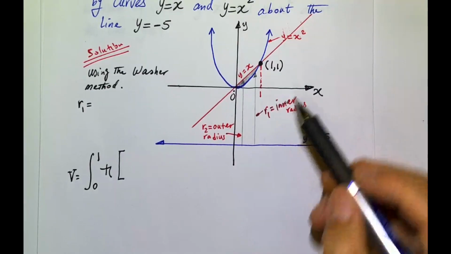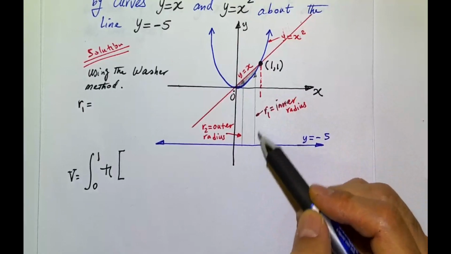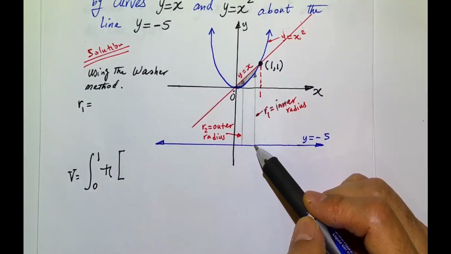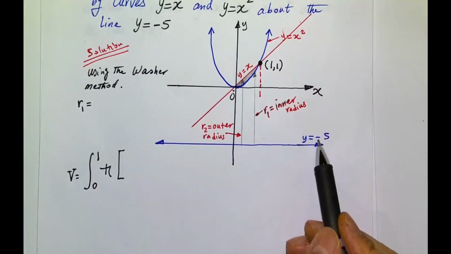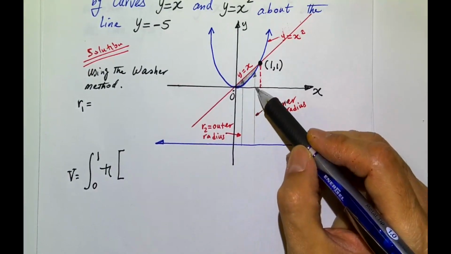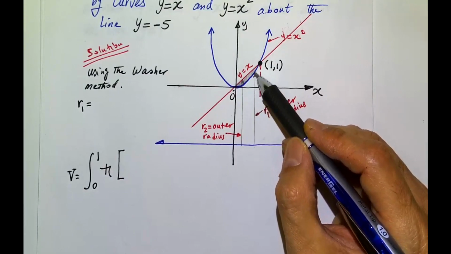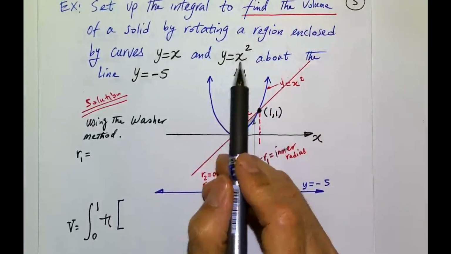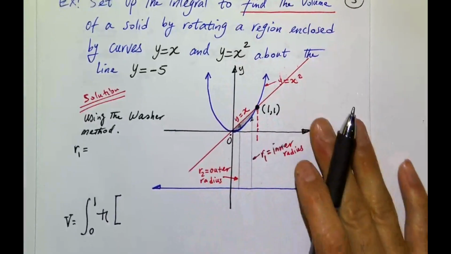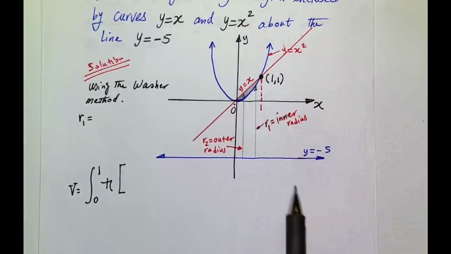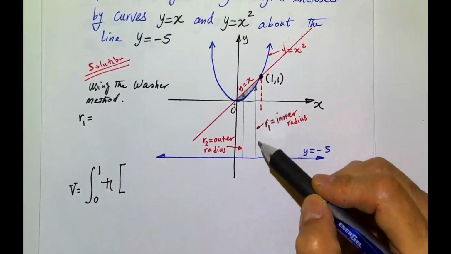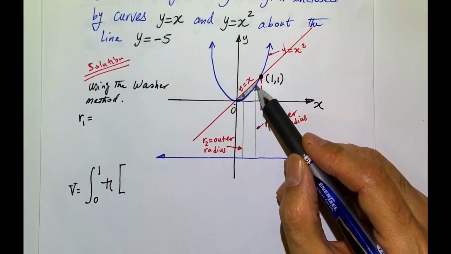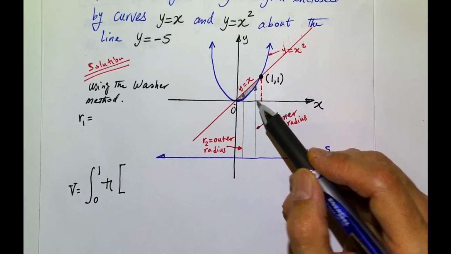Look at the distance from this line about which we're rotating the whole region to the x-axis: 5 units, never mind the negative. 5, and then plus whatever that x squared is. That curve is y equals x squared, right? So the inner radius is 5 plus x squared, which is the distance from that line to this.